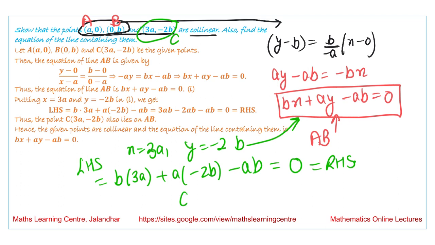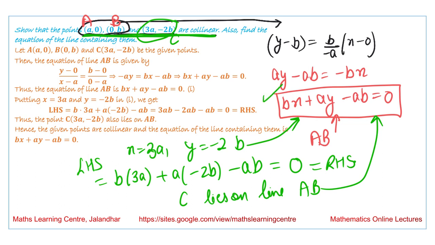So we are saying that point C lies on line AB. So what we obtain is that these 3 points are collinear, and this is the equation of the line containing these 3 points.